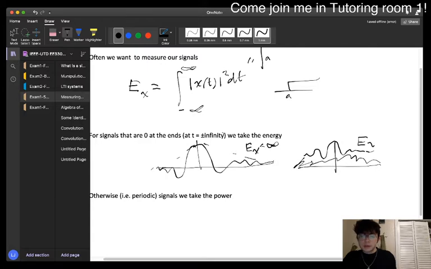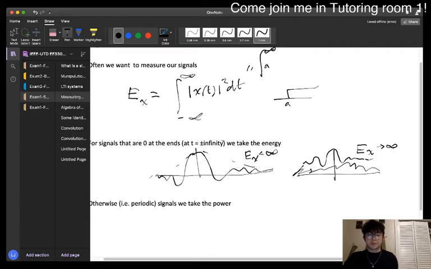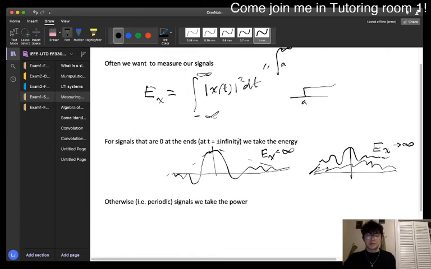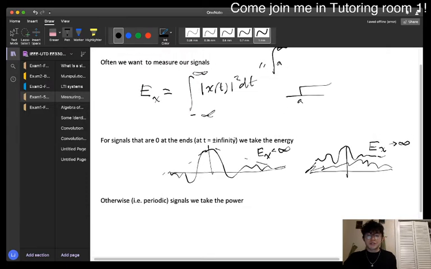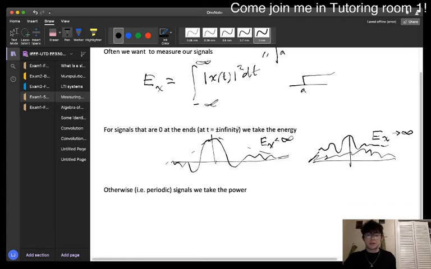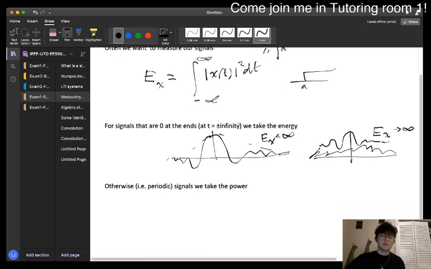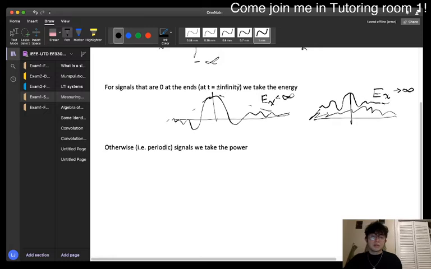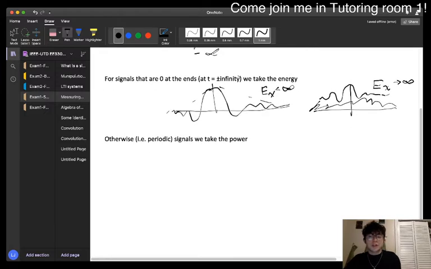This goes to infinity. So this would no longer be an energy signal. This energy is very sensitive to us shifting it up and down. But this is for things that are aperiodic.